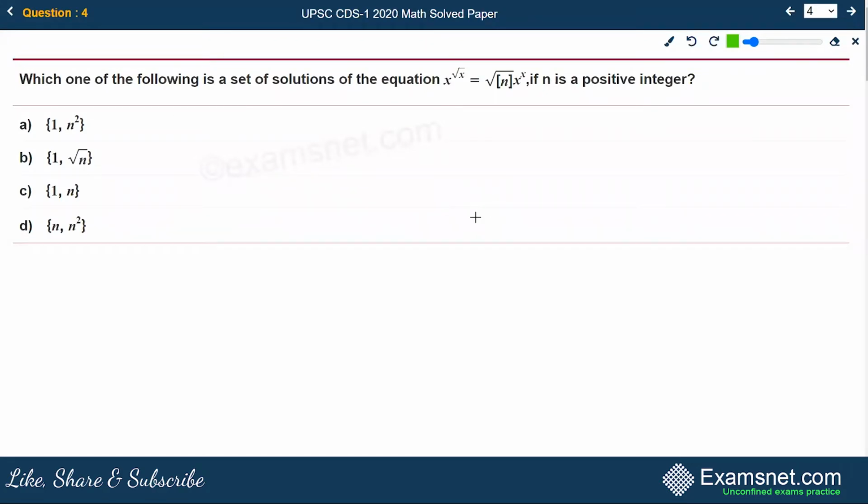In question number 4, we are given: which one of the following is the set of solutions of the equation x to the power root x equals... Please make a correction in the question itself. It should be written as x to the power x to the power 1 by n, equal to the n-th root of x to the power x.